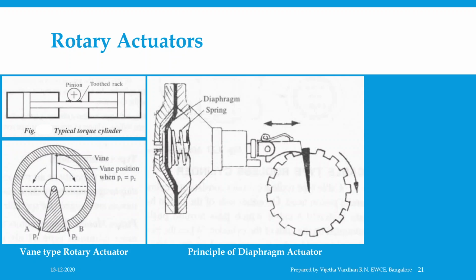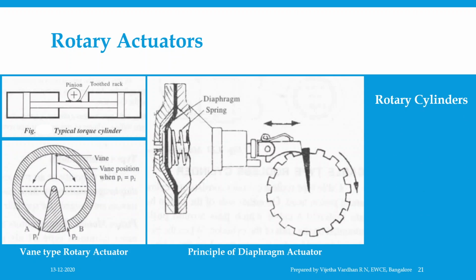The vane rotates due to the imbalance or differential pressure caused in it. The torque developed depends on the projected area of the vane and the differential pressure. If pressure P1 through port A is greater than P2 through port B, the vane rotates in the clockwise direction, and vice versa. The figure shows the basic construction features and operating principles of a vane type rotary actuator.